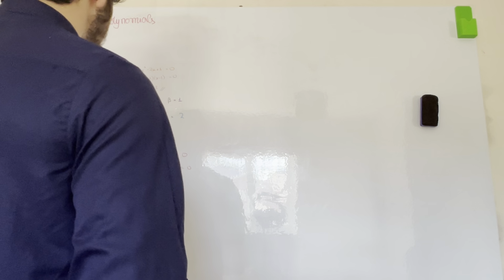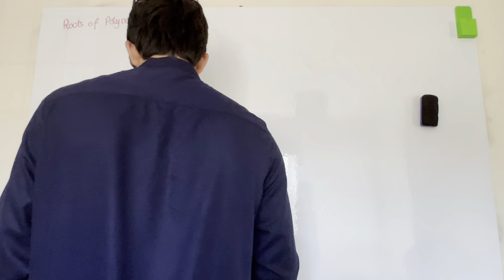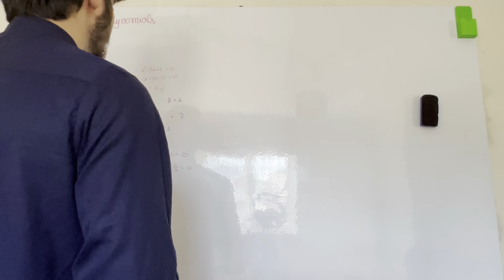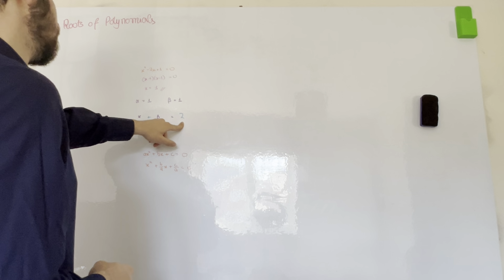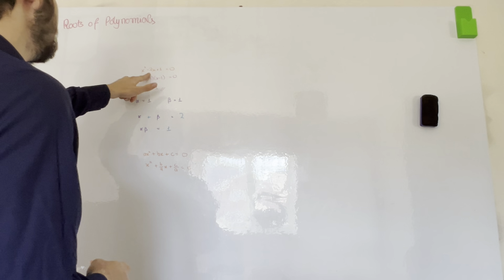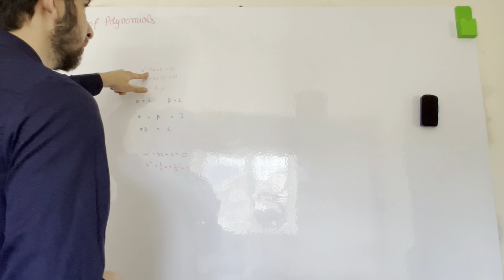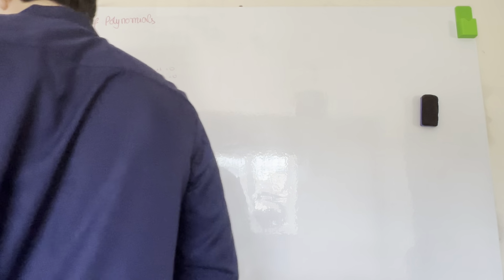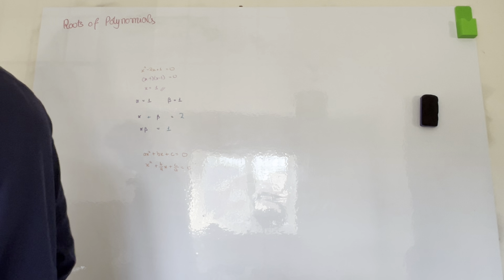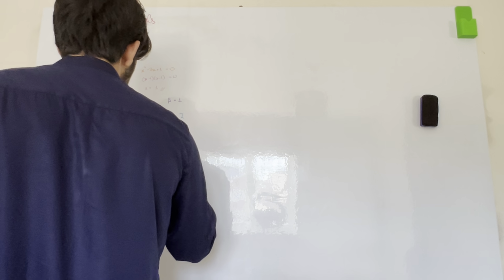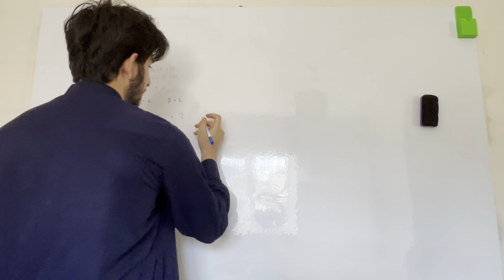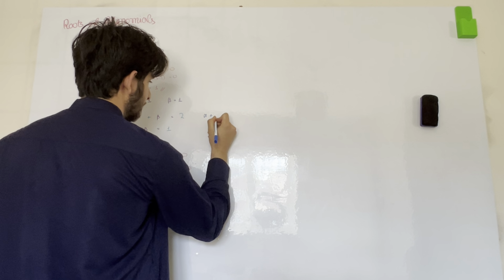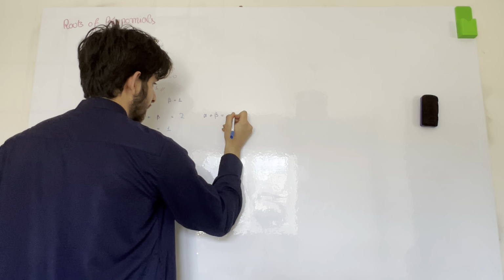Now what you do realize after looking at this for a little bit is that alpha plus beta, which equals 2, is just the minus of the coefficient of x. So if we know that minus 2 equals b over a, then what we can deduce from that is that alpha plus beta is equal to minus b over a.